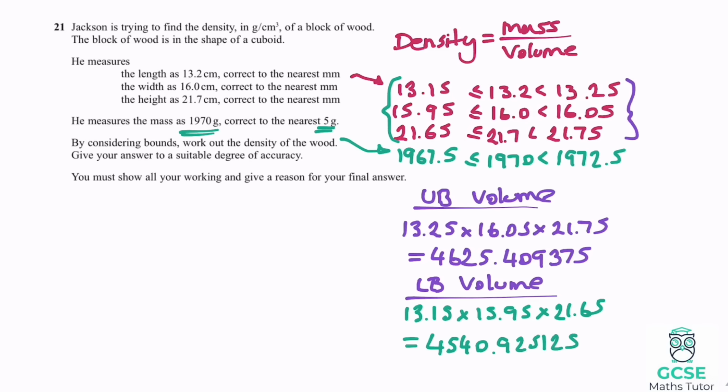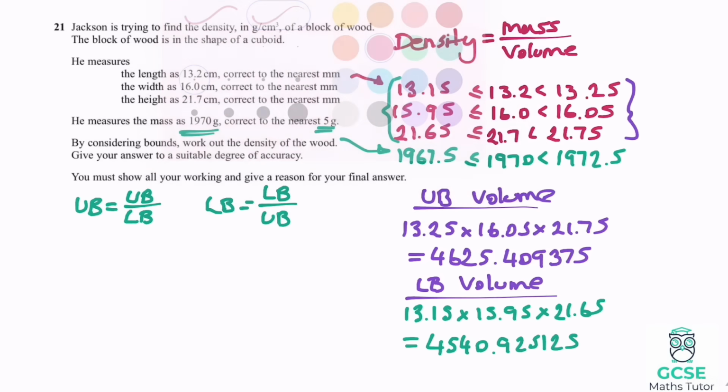Now we can actually work out the density. So density is mass over volume, we've got a divide going on there. So to get the upper bound, we want to do the upper bound of the mass divided by the lower bound of the volume there. And to get the lower bound, we want to do the lower bound of the mass divided by the upper bound of the volume.